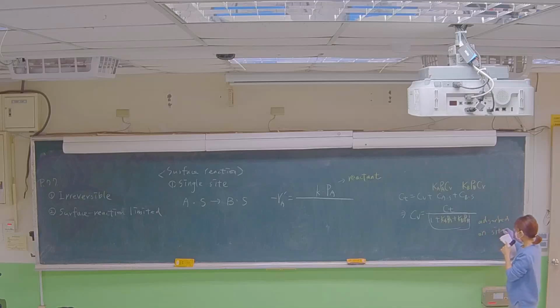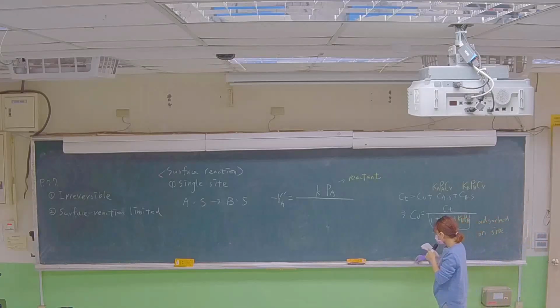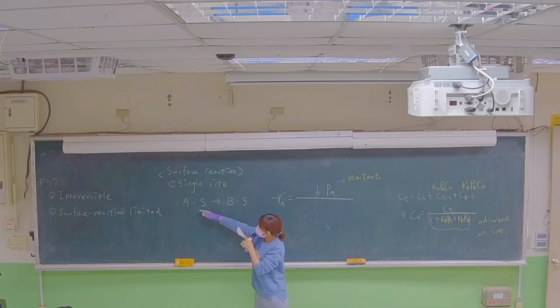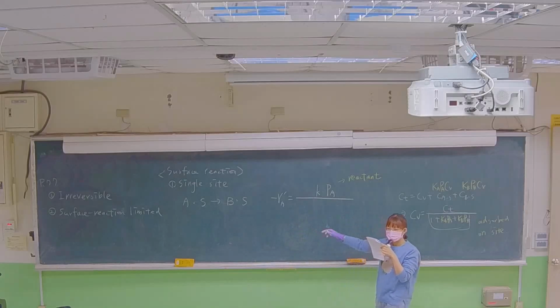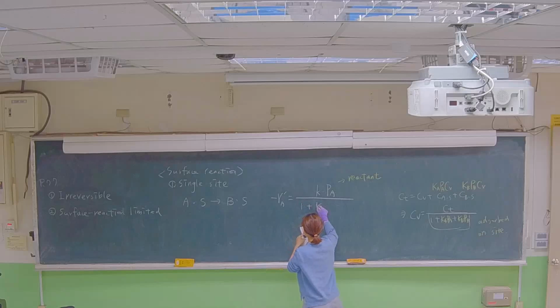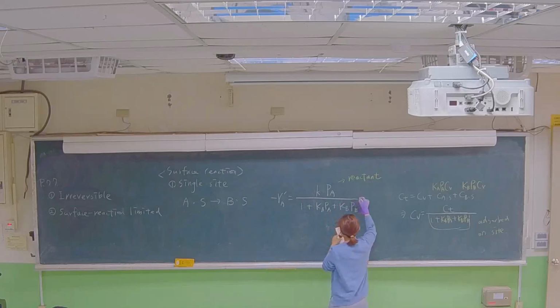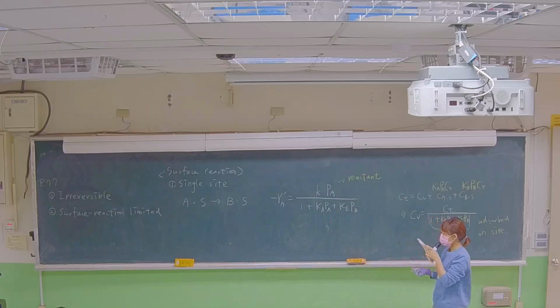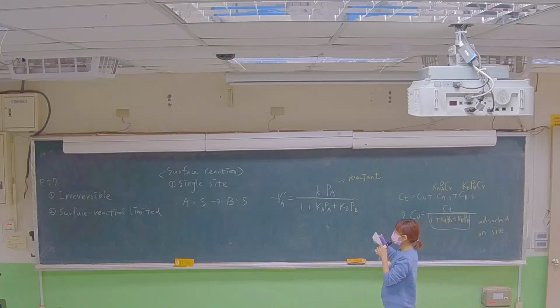So here you can observe A and B are both adsorbed on the active site. So here you can write down 1 plus KA PA plus KB PB. Okay? And also you can practice to obtain the rate law if you want. I have told you how to find this one, right? So that is the answer.